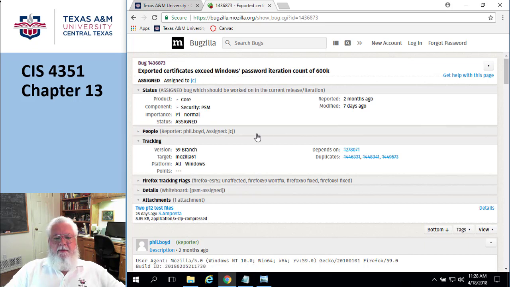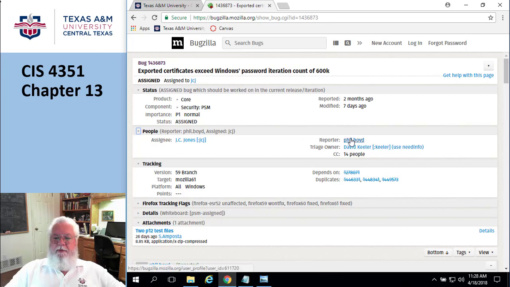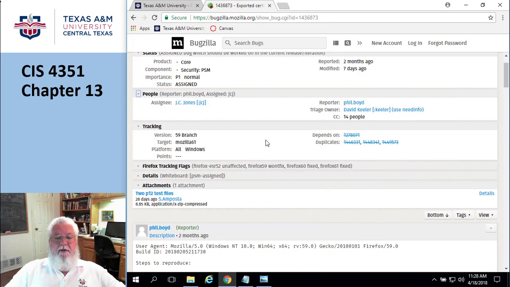The people involved: who first reported it, who triaged it, and 14 people got carbon copied on this thing, and J.C. Jones is the one who is responsible for this. In this particular case, the version of Firefox where this occurs is version number 59. And he goes through whether or not these things got resolved.